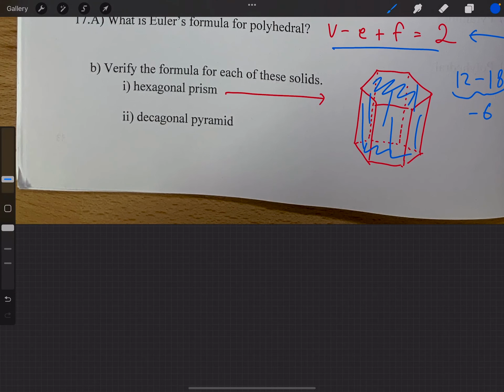Now we're going to do the same thing for the decagonal pyramid. Deca means 10, so a pyramid with the base having 10 sides. I don't know how to draw that, but something like that, and it just connects to that. All right, so let's try it out.